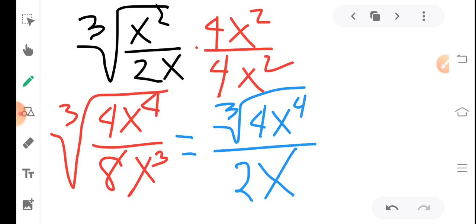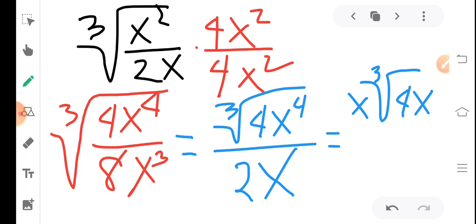But we can still simplify 4x to the 4th power. Divide 4 by 3, that's 1, remainder 1. So we get x times the cube root of 4x over 2x.